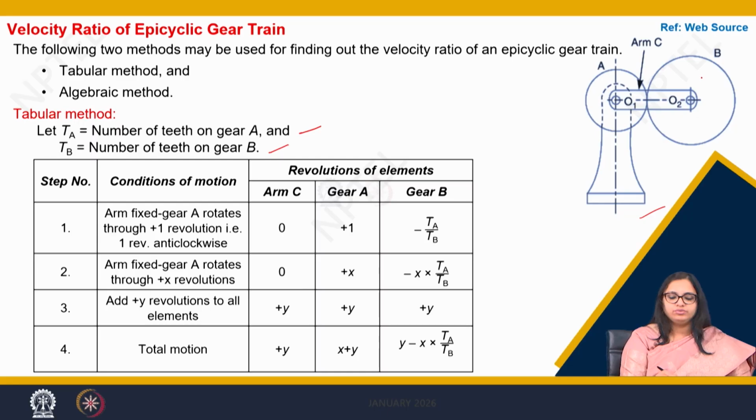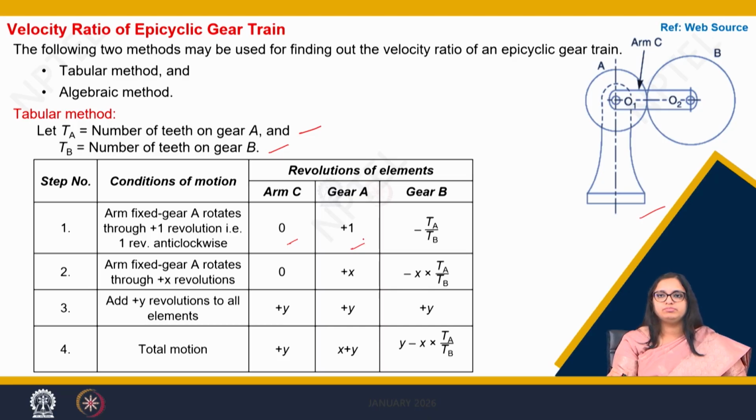Here, first we take the arm as fixed. That is, the arm does not have any kind of revolution with respect to NA or NB. So we take it as 0, and our gear A rotates by +1 revolution, and that is anti-clockwise.